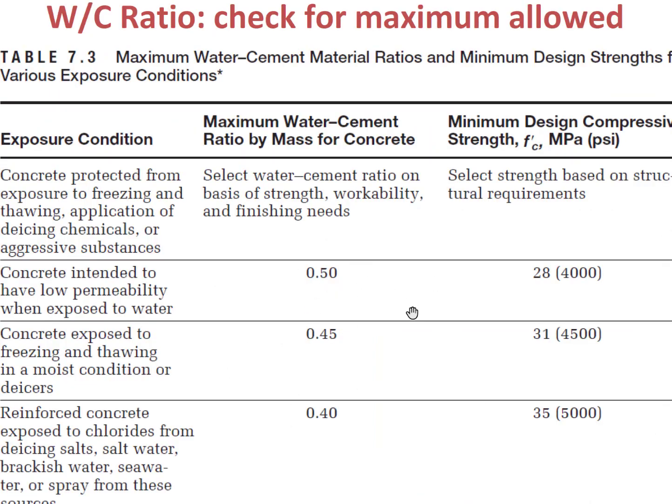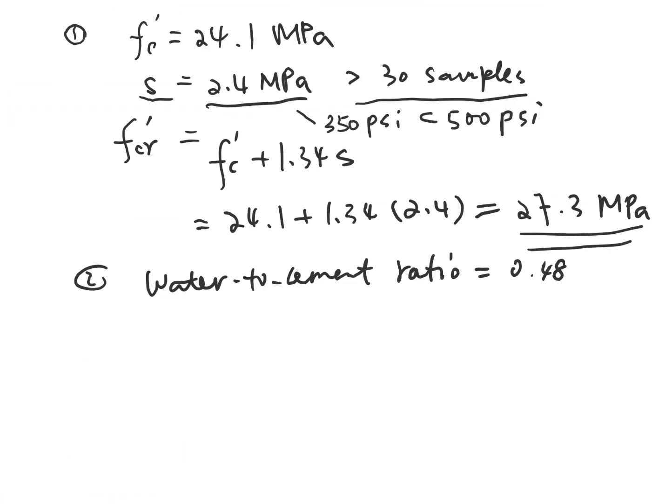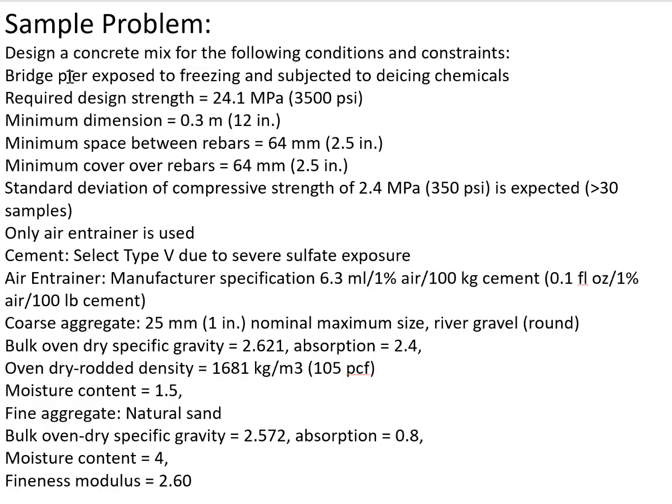So from this table we can get the maximum allowed water to cement ratio under different exposure conditions. In our sample problem, it says the environment of this bridge pier is exposed to freezing and subjected to de-icing chemicals.